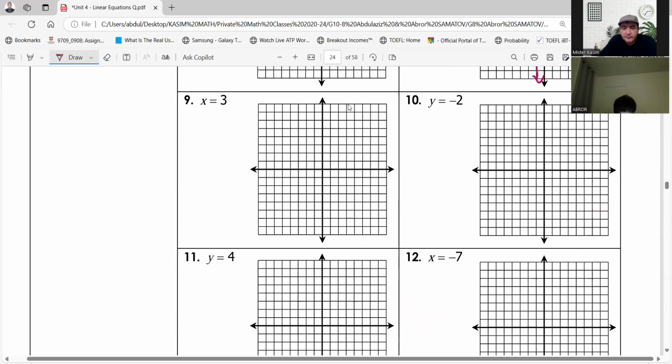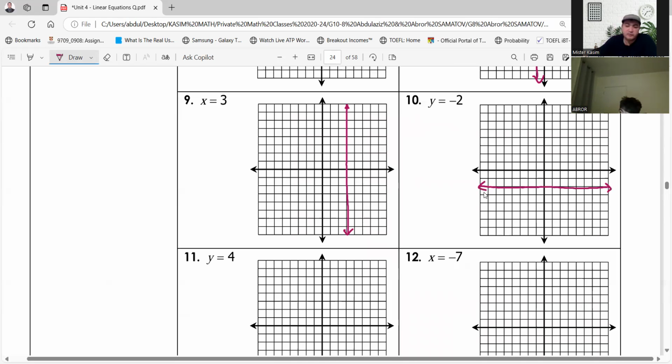It is here. All right. Next, y equals -2. Horizontal line, right? So it is here at -2.